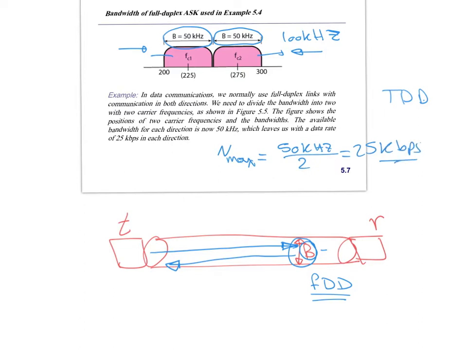So the bit rate for one direction will be 25 kilobits per second. This is the case of full duplex. The previous example implicitly assumes half duplex, where we can use the entire bandwidth for one communication. Clear? Any question about this so far? Clear, guys?